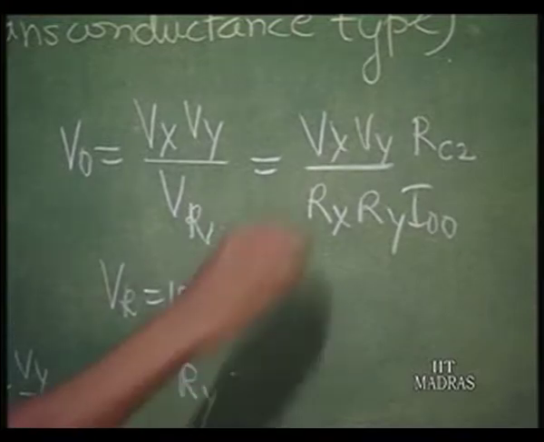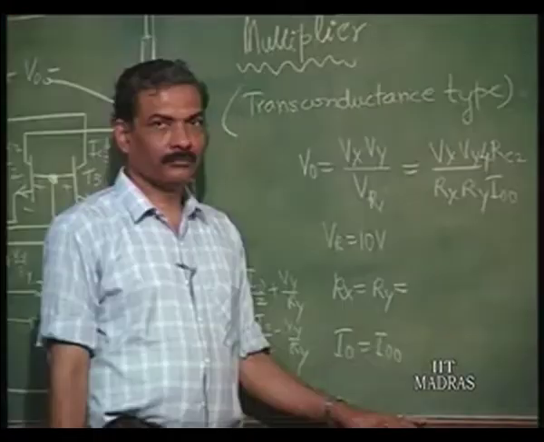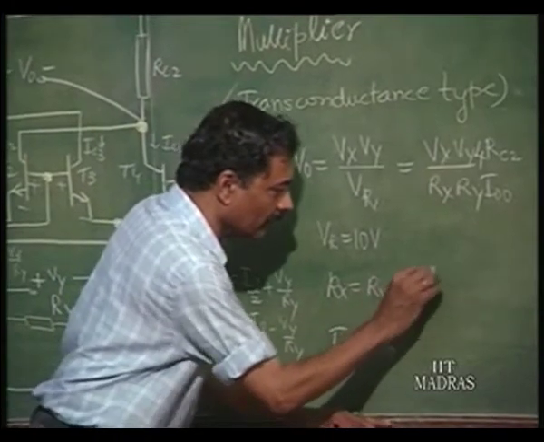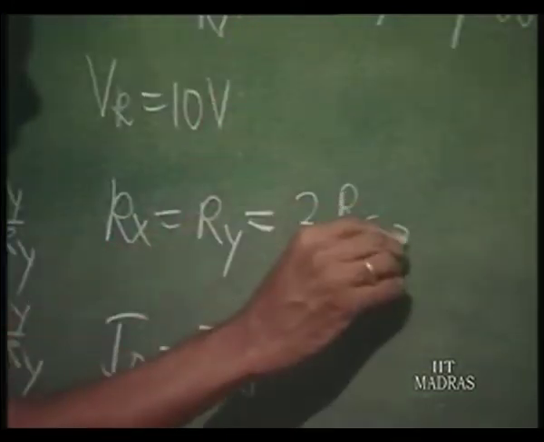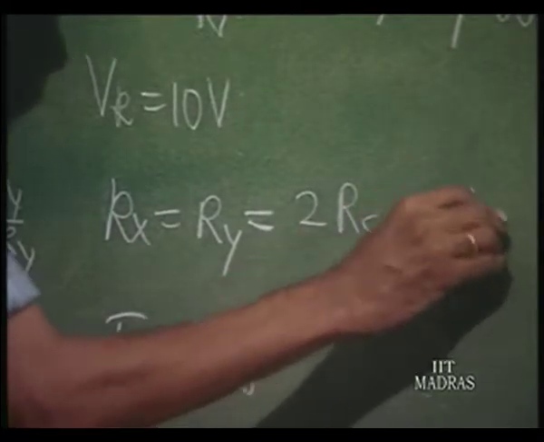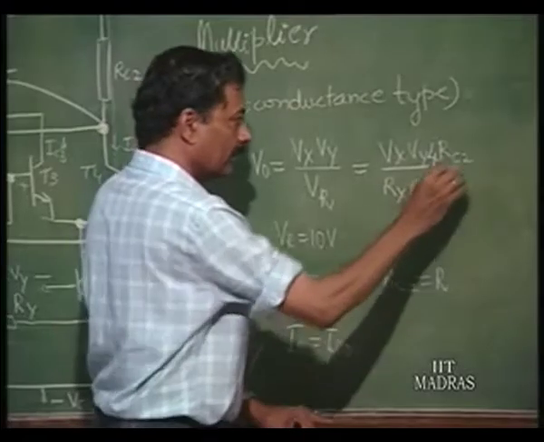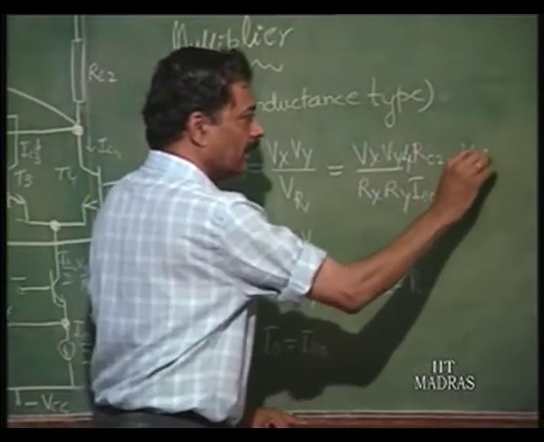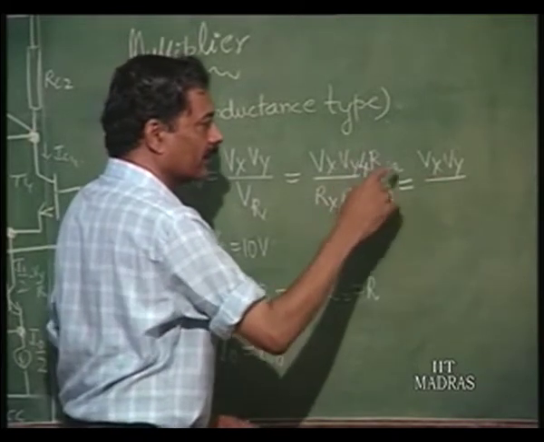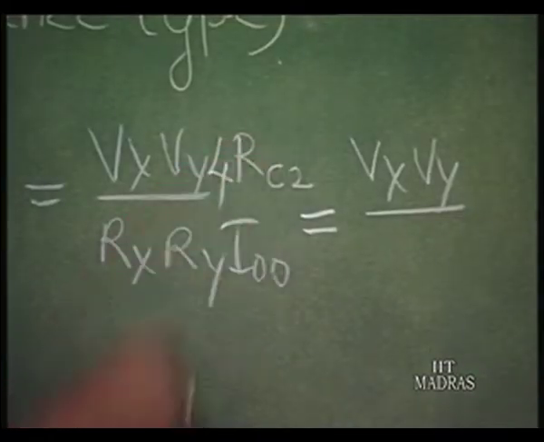Yes, so we can select Rx equal to Ry equal to 2 RC2, equal to R. Then this is equal to Vx Vy, with Rx equal to Ry equal to 2 RC2, one Ry gets cancelled with RC2.